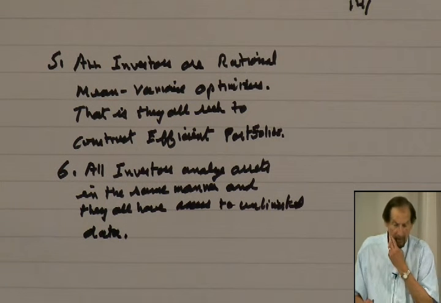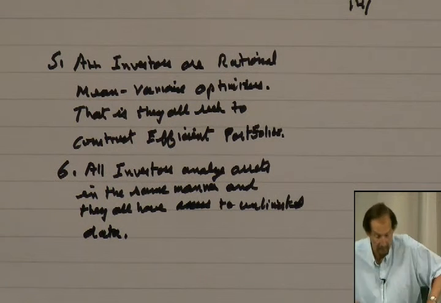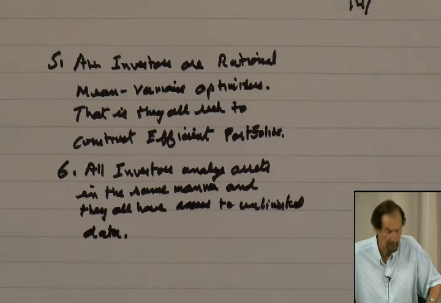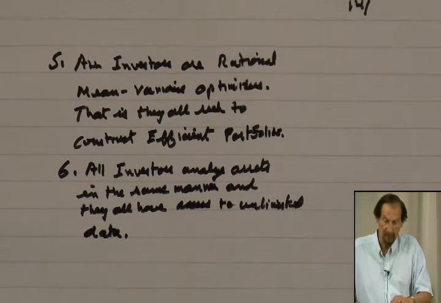In other words, they all have all the data that they need to construct this. Now, we have these six assumptions. Some books have less, some books have more.